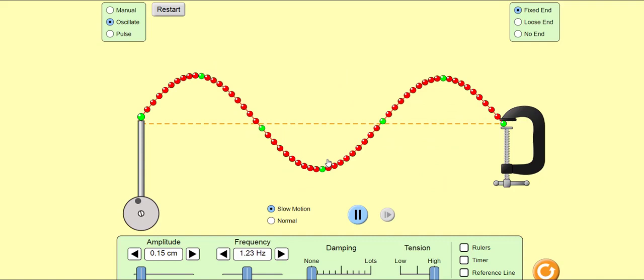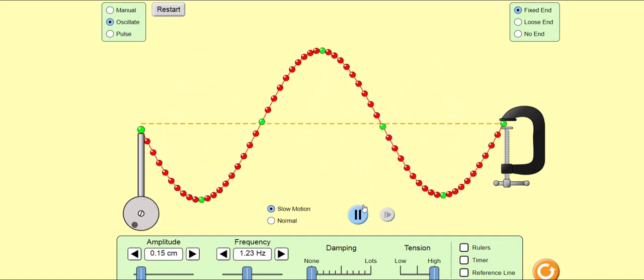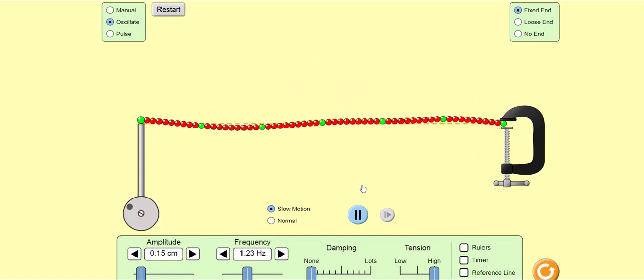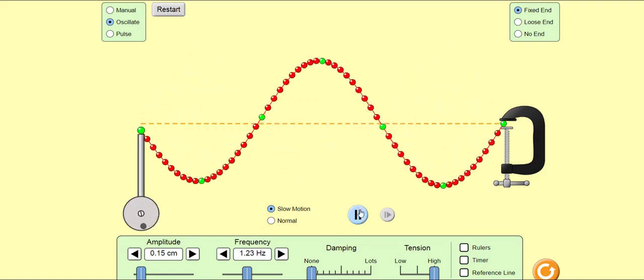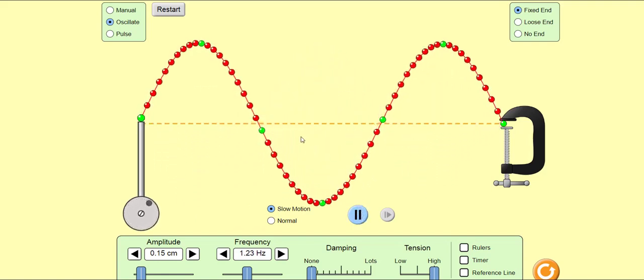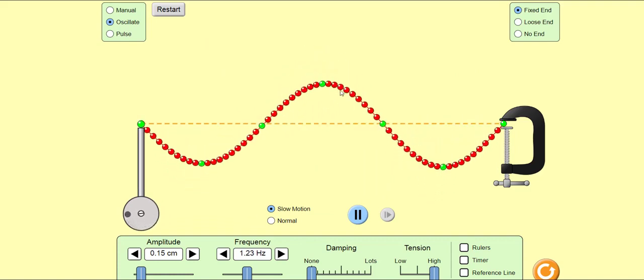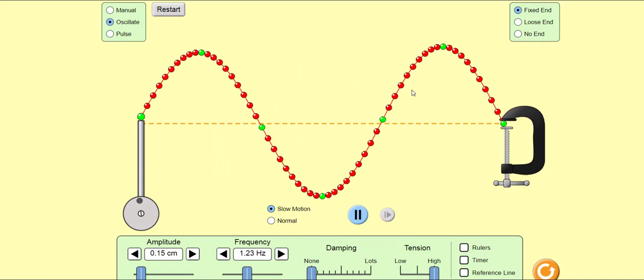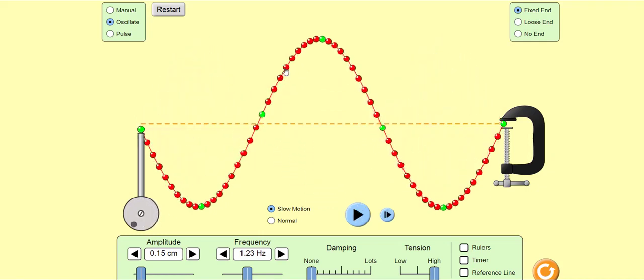So in other words, these two particles are pi radians, or 180 degrees, out of phase with each other. And the same can be said for any particle in this loop is pi out of phase with any other particle in this loop.